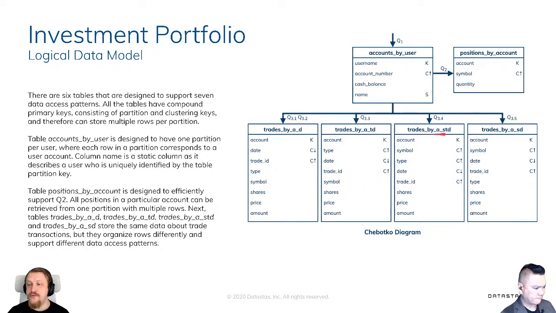And when we have trades by symbol, type, and date, so mostly the same, but we add the ID of a particular share, so I can search by only show me all my operations with Apple shares. And finally, I have trades by ASD, so that stands for account, symbol, and date, so I can search everything not involving type.